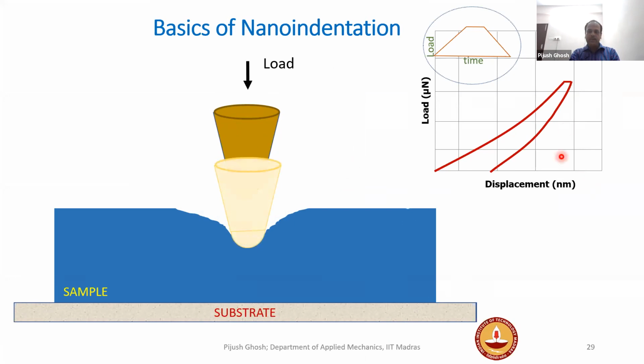As you see here, the y-axis gives the load and the x-axis gives the displacement, and the load-displacement characteristics tell you about the nature of this material.